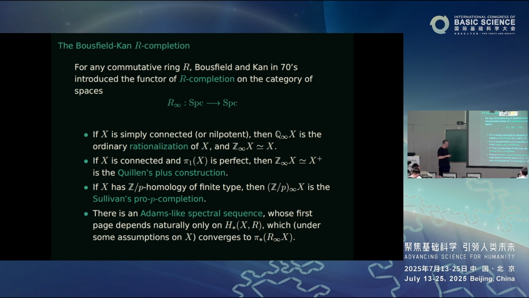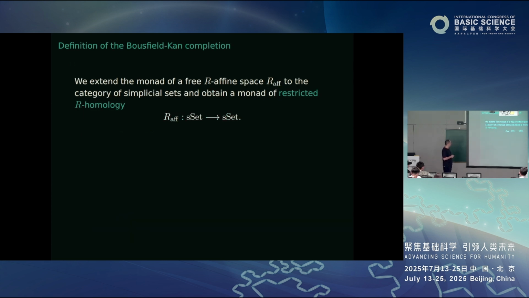Okay, now let me give you the definition, but it's quite complicated, so if you don't understand it, it doesn't really matter. For those of you who want to know the precise definition of the Bousfield-Kan completion, remember, we considered the monad of free R-module, it was a monad from the category of sets to the category of sets.